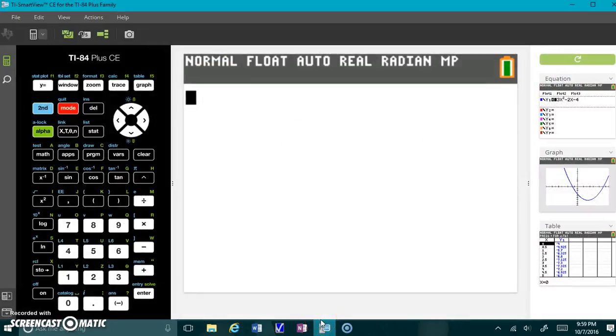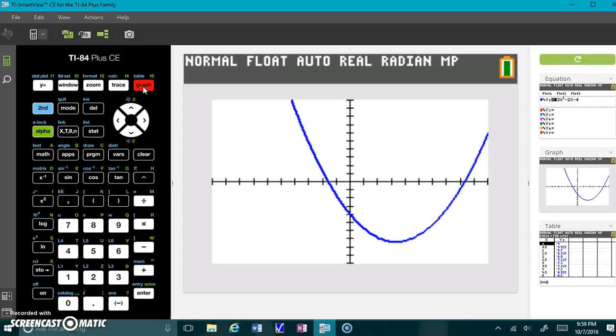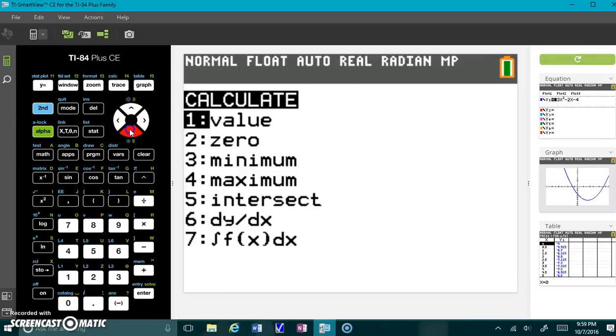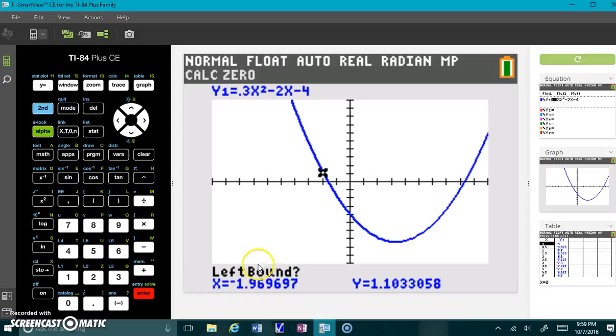Let's say you graph this parabola here on the standard viewing window. And you've done this many times before, but you've probably never realized what is actually happening here. Or maybe you've thought about it, but you didn't realize it was actually calculus. So if I find a zero or an x-intercept, the calculator's asking me for a left bound.